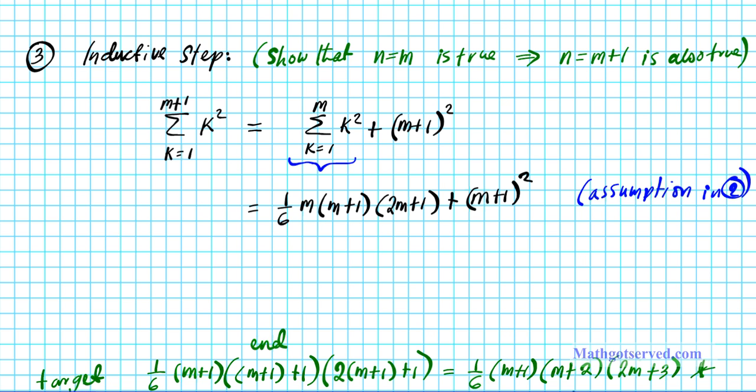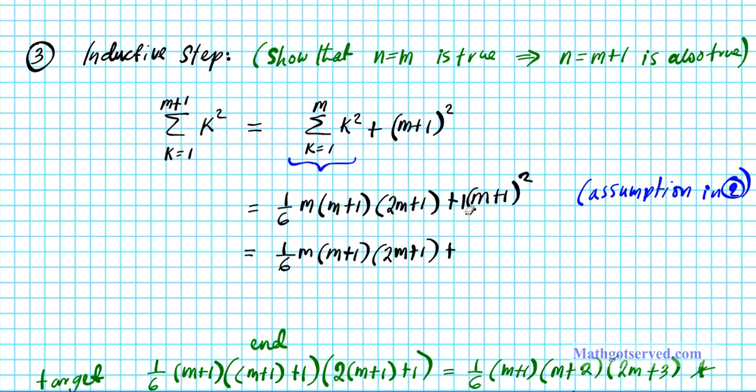It shouldn't be a problem. It might not look pretty, but it can be done. So let me rewrite this in such a way that it's easy to factor out 1/6 and m plus 1. I'll leave this alone as 1/6 m times m plus 1 times 2m plus 1 plus, there's a 1 here, right?